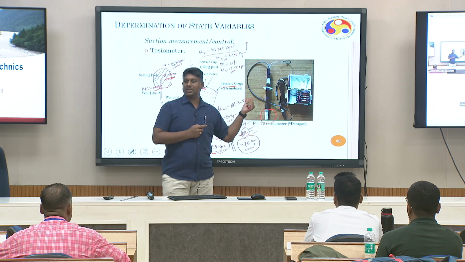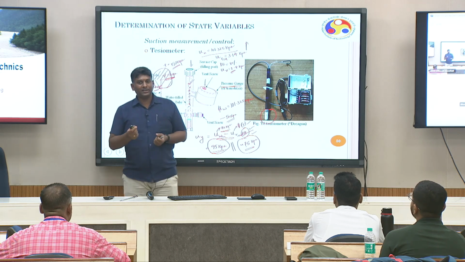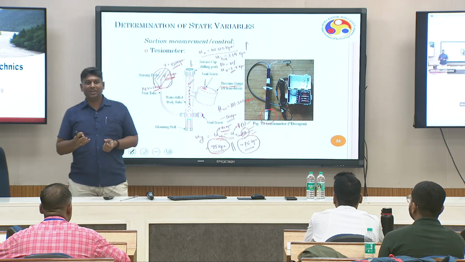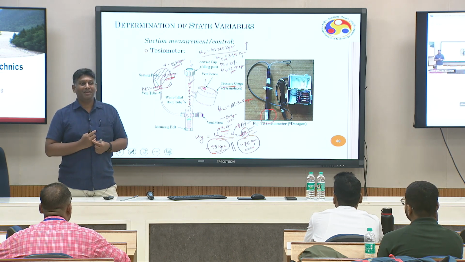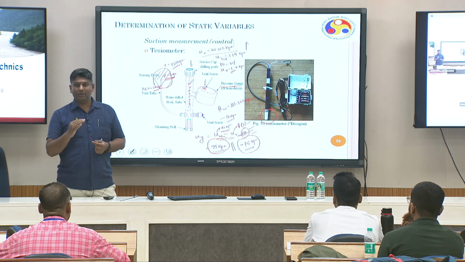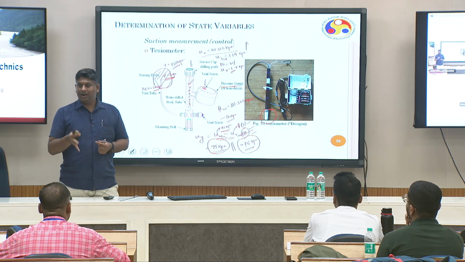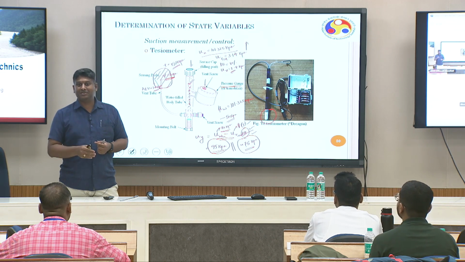The negative pressure is transmitted to the water column, right? So if the soil has a negative pressure of say 150 kilopascal, what does it mean? With respect to atmospheric pressure of 101.325 kilopascal, around 40-50 kilopascal is less in the water.